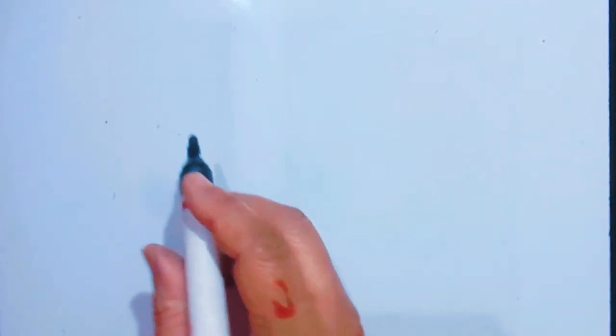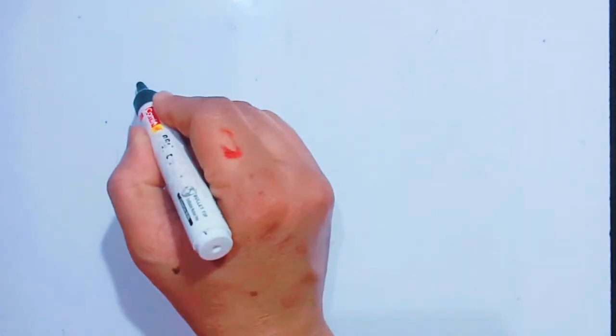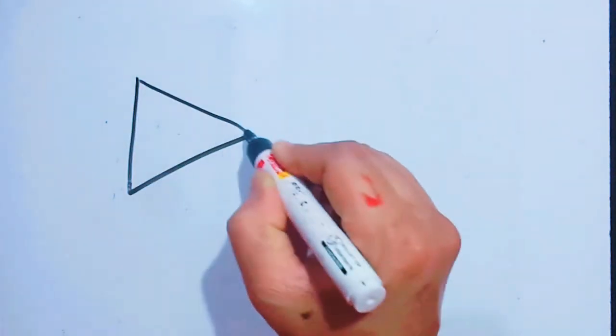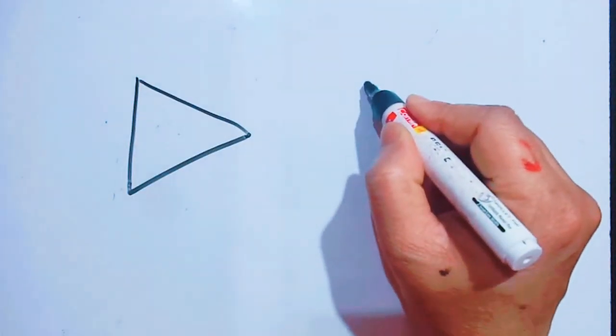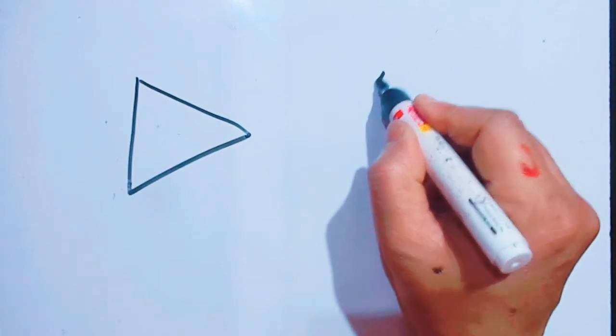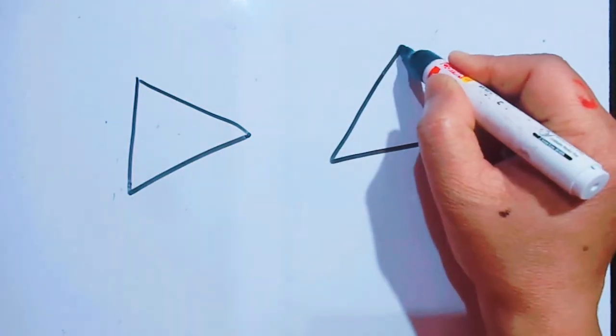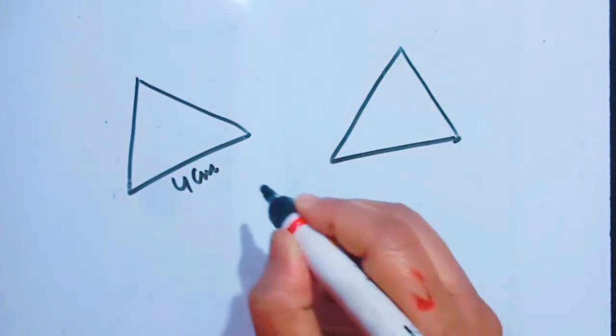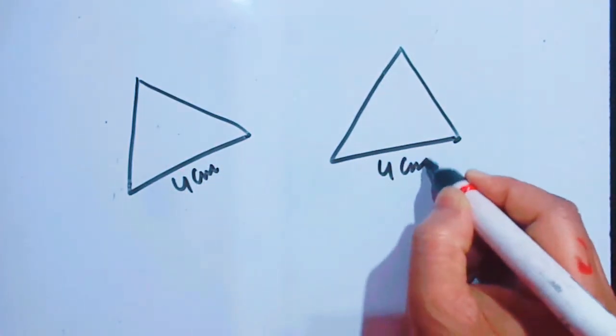Now, for example, here in number 3, they have given you a triangle in this form. Have a look. Similarly, they have given you a triangle in this particular form. They say that this is 4 centimeter, here also they have given you 4 centimeter. Fine.